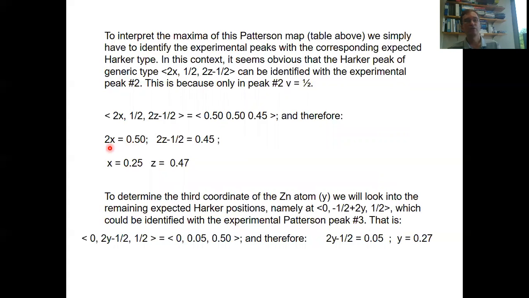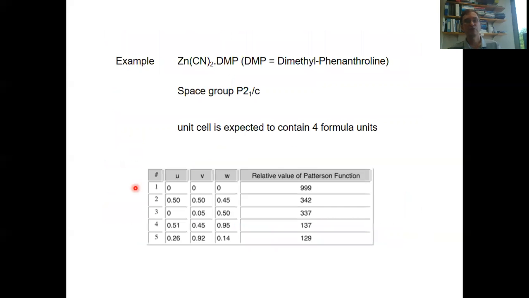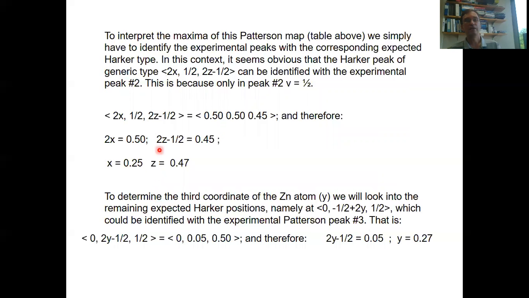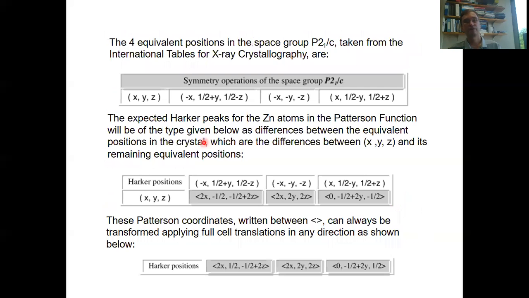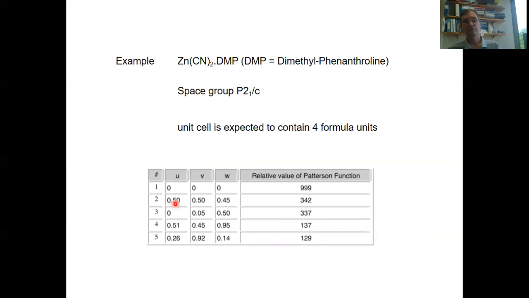So according to this, 2x must be equal to 0.5. That is, for this second peak here, u is 0.5. And 2z minus a half must be equal to 0.45, because for the second peak, w is 0.45.